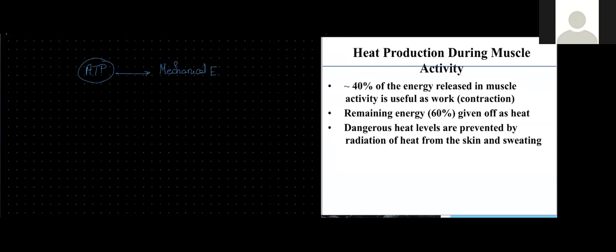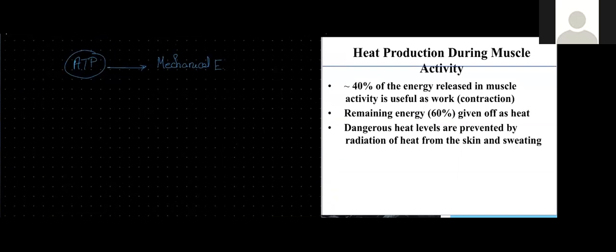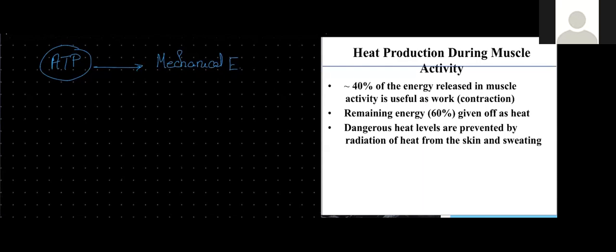What I mean by mechanical energy is the movement that you're going to be performing. But the mechanical energy, or the contraction itself, is only going to represent 40% of the energy consumed. Only 40% is going to be the mechanical movement, the contraction. So what did you do with the rest of the ATP?